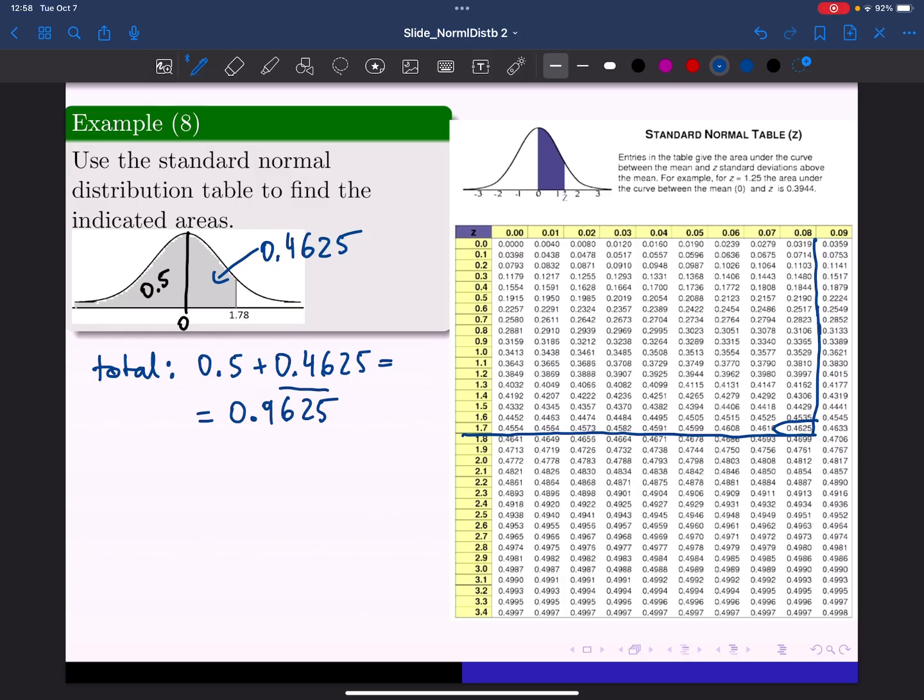Or in percentage, 96.25%. What that means is that within 1.78 standard deviations of the mean, 96% of the data lies right here.